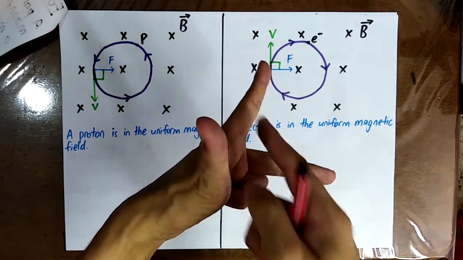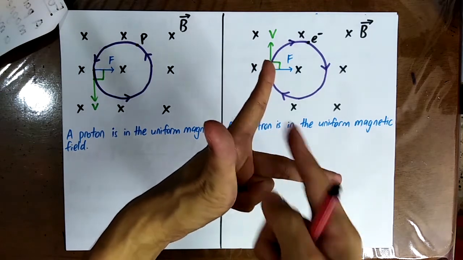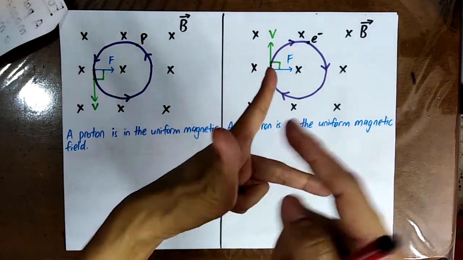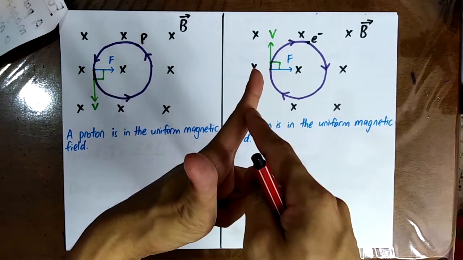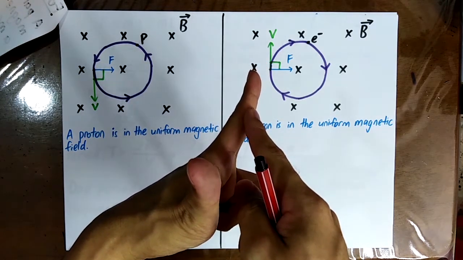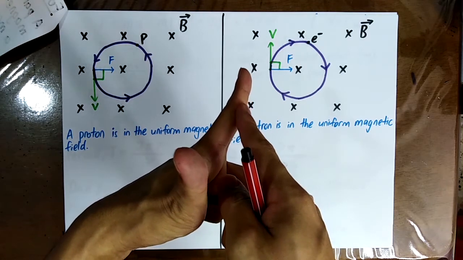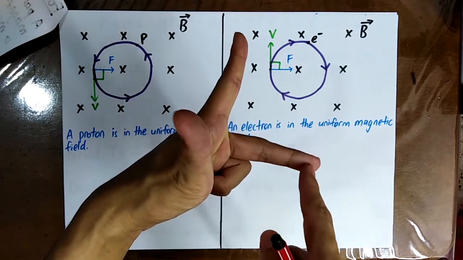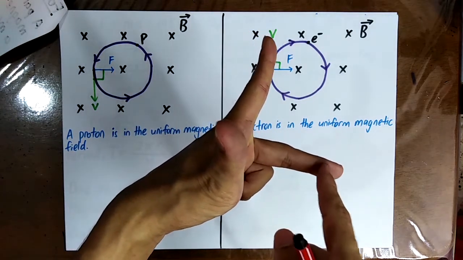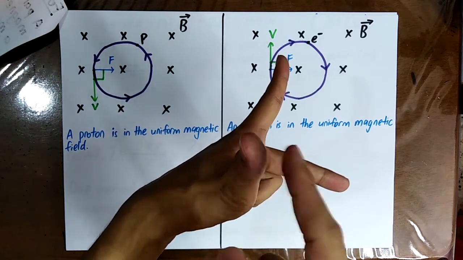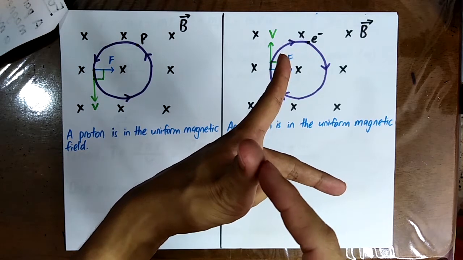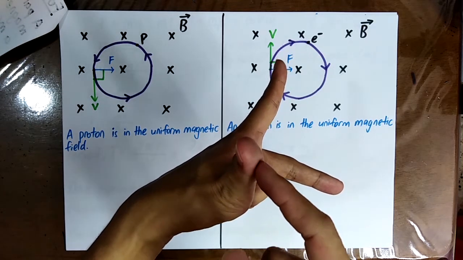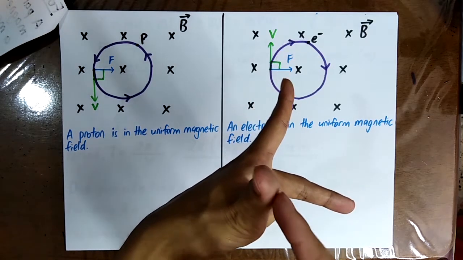And then they are all at right angles to one another. F, B, v. If this is pointing towards the direction of the magnetic field, and then this is pointing to the direction of the velocity of the particle, then this is the magnetic force. That means that this is the direction of the magnetic force that acts on the positively charged particle.